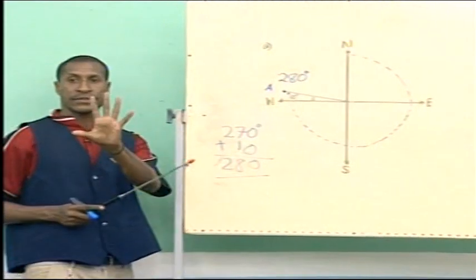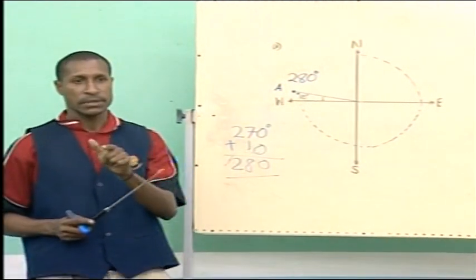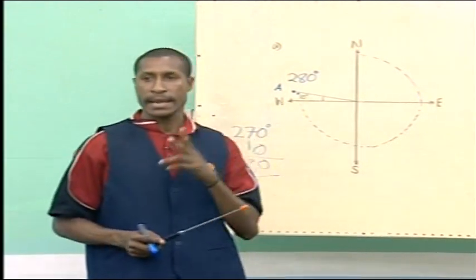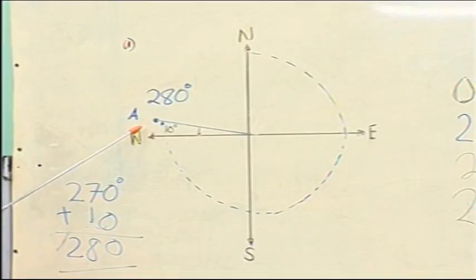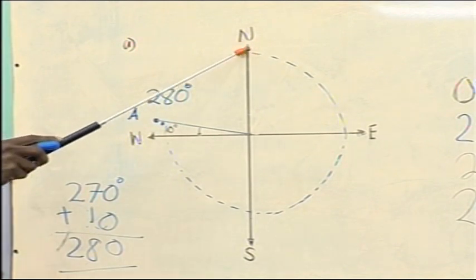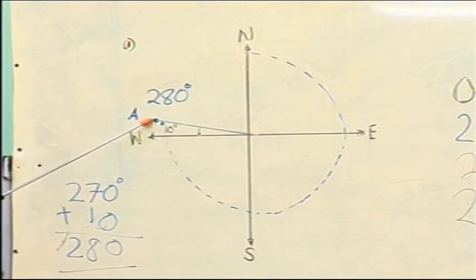So I have shown you 3 different examples, 2 in a work example and 1 in the learning activity. So the bearing for point A is 280 degrees. We are measuring from north all the way to this point here.